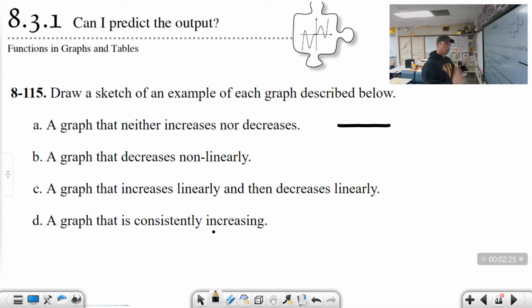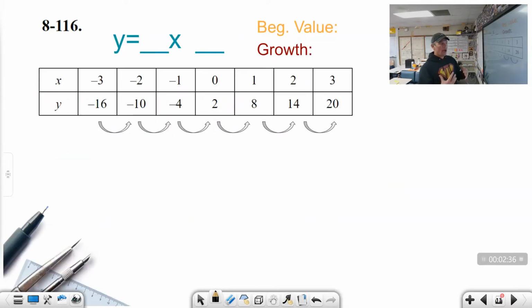Now, when you drew those, everything that you drew just now represents a function, represents a pattern. But when we have this in a table, okay, we can be a little bit more specific. Now remember, I told you that when we are looking at a table, we focus in on the beginning value.